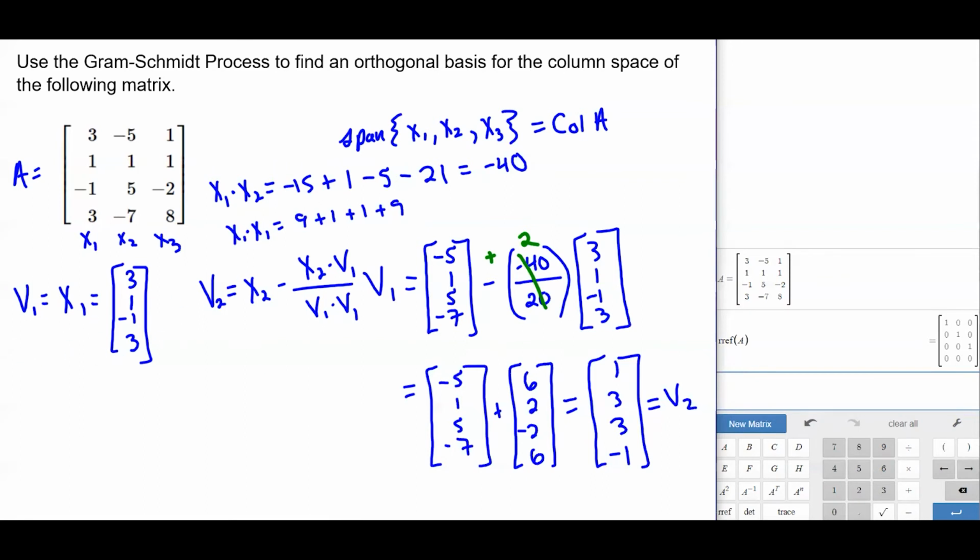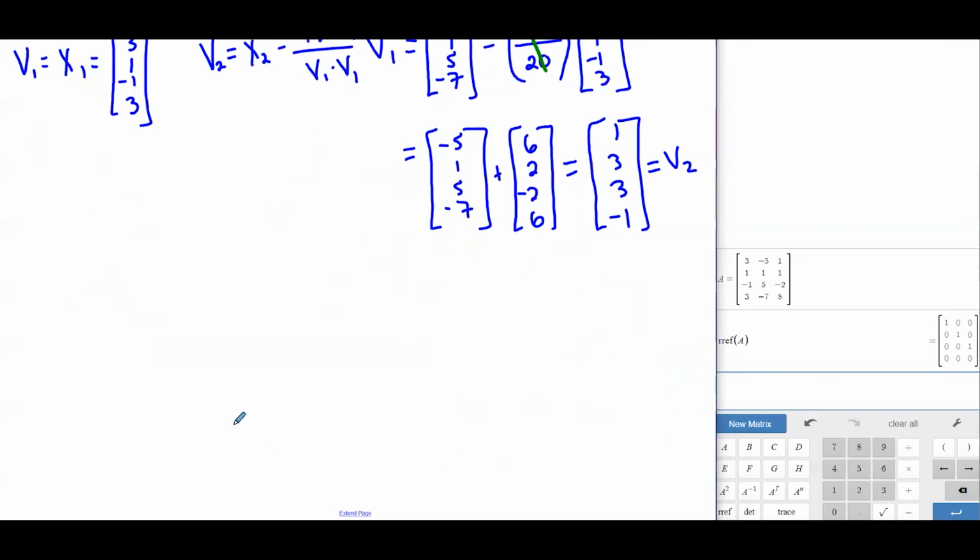So let's go ahead and do v3. So what do you do with v3? It's going to be the same thing, except we got to make sure that we're orthogonal to both v1 and v2. So we're going to start with x3, and we're going to subtract x3 dot v1 over v1 dot v1 times v1.